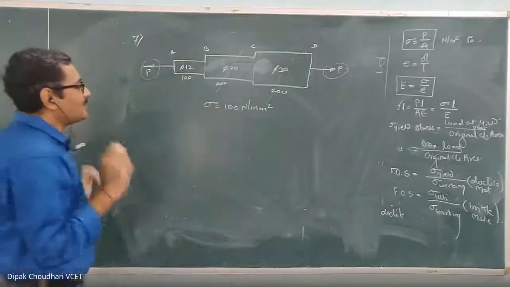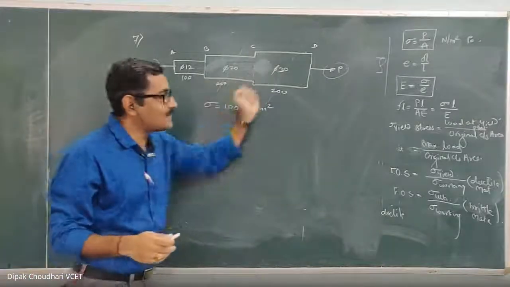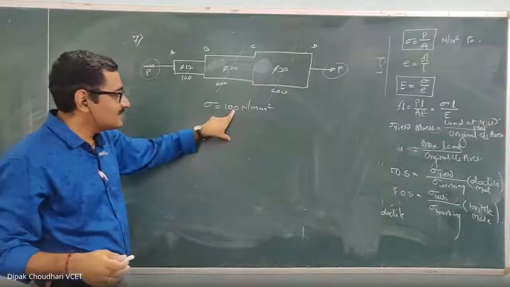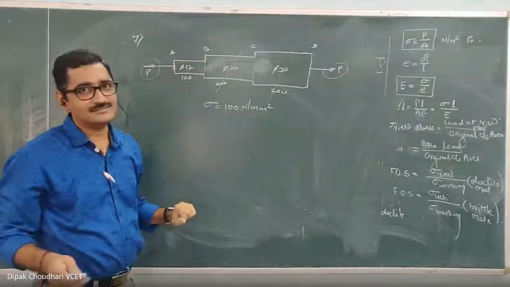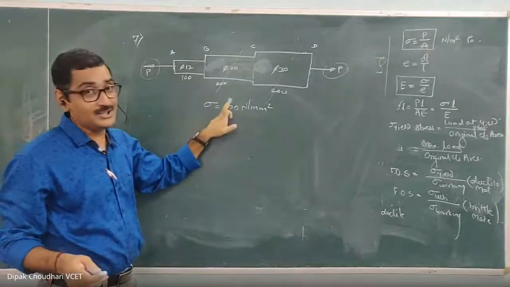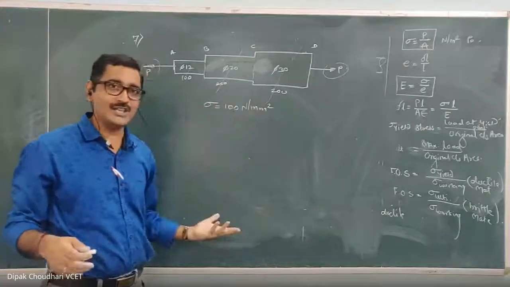Now you'll observe that since the axial force is the same, the maximum stress will be induced in the first part. This is the maximum. It should not go beyond this. इतना ही होना चाहिए. इससे कम इंड्यूस हुआ तो चलेगा.